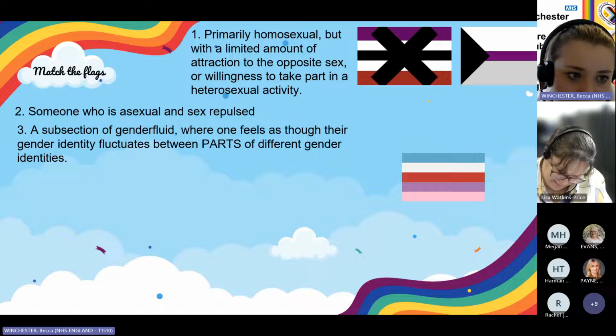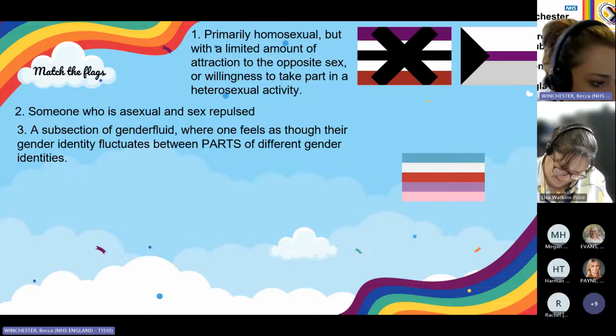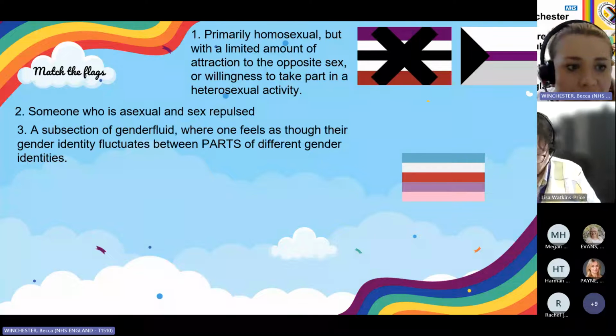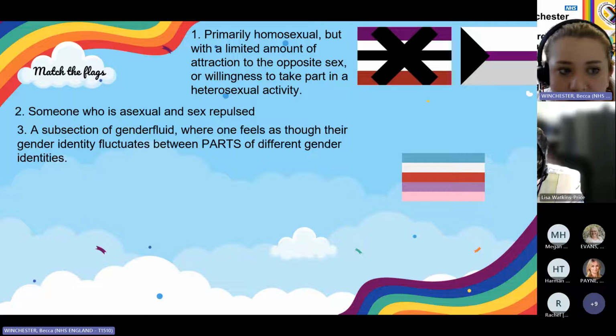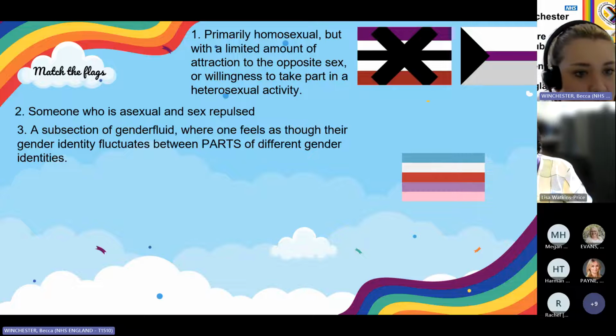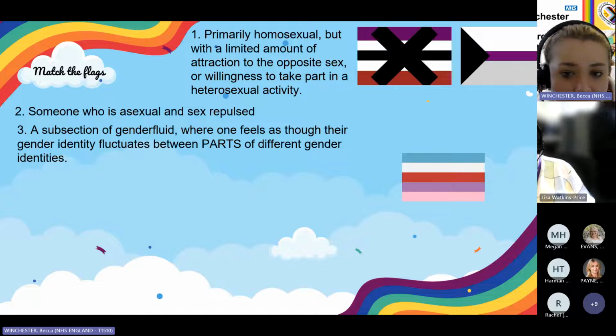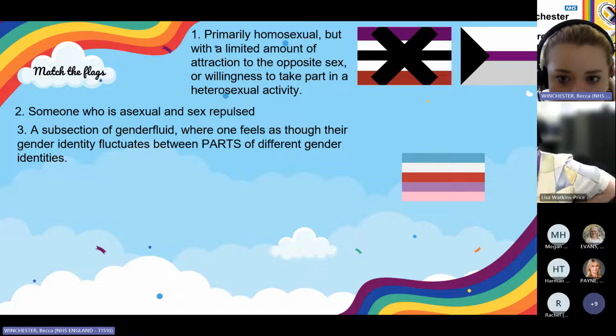Number 3 goes with flag number 1, so the one with the big cross in the middle, which is the subsection of gender fluid, where one feels as though their gender identity fluctuates between parts or different gender identities, and that's what we call homoflexible.